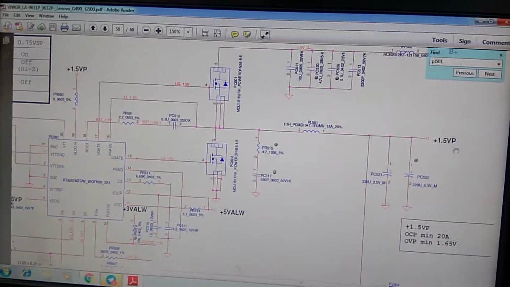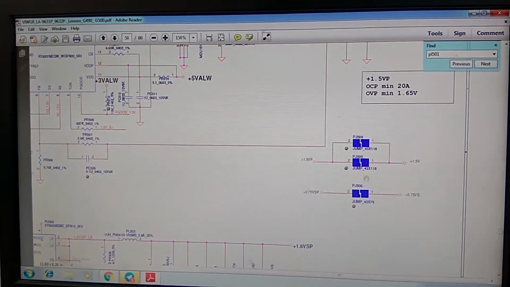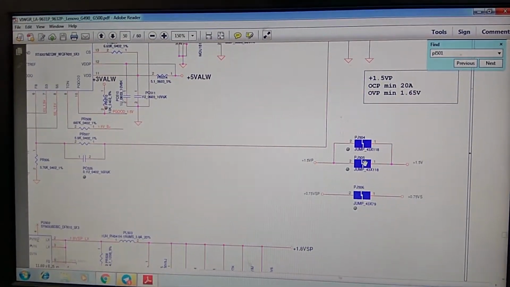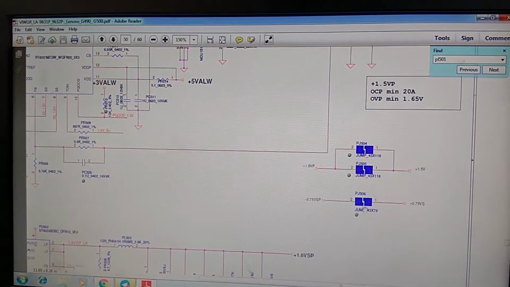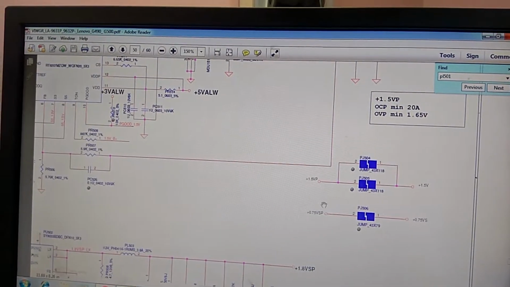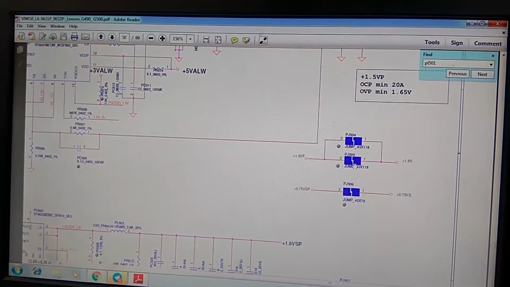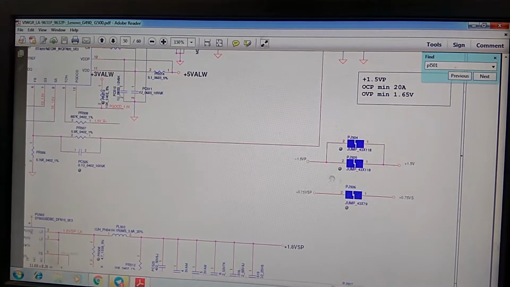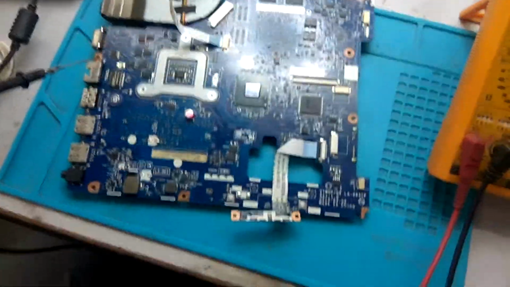You can see here this 1.5 volt RAM voltage is connected to the pads PJ505 and PJ506. PJ506 is VTT, RAM VTT. You can see here RAM VTT. Now open these two pads, PJ504 and PJ505. First we open this pad and check whether the voltage is coming on the RAM coil or not.